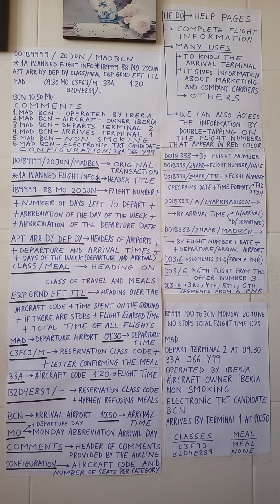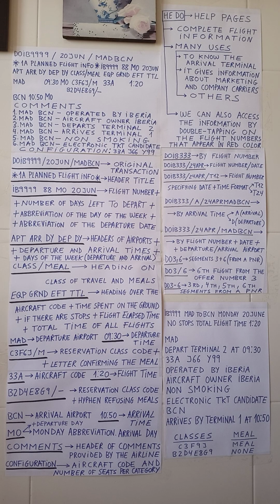In this paragraph, I indicate that when the flight number appears in red, we can double tap on the flight number to access the complete information of a flight. The most common circumstance in which a flight number appears in red color is when we are working within a reservation or a PNR.